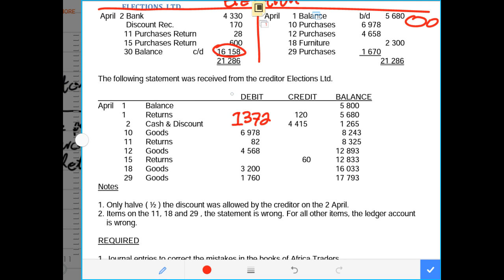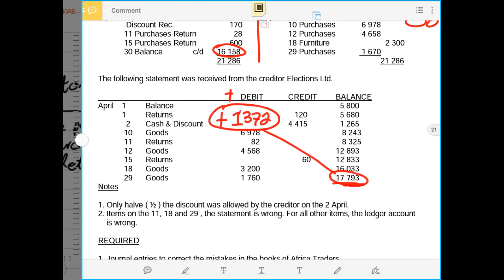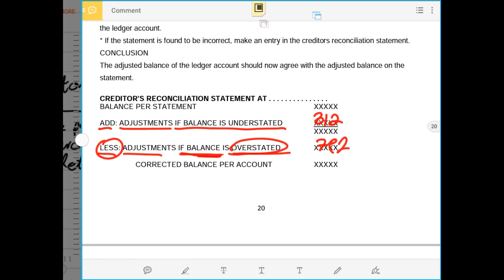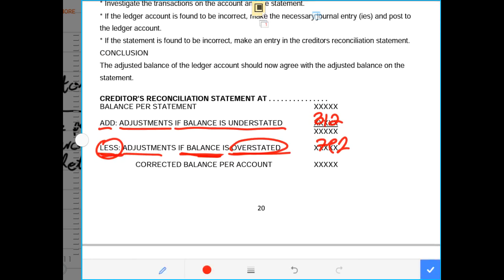Remember, debit means a plus in their debtors, meaning the amount that we see as a balance here at the end will be overstated, because they added the purchases of July in the month of June. That means the purchases of June will be overstated, and also the balance will be overstated. Then the question is, what do we do when the balance is overstated? It says less adjustments if balance is overstated.